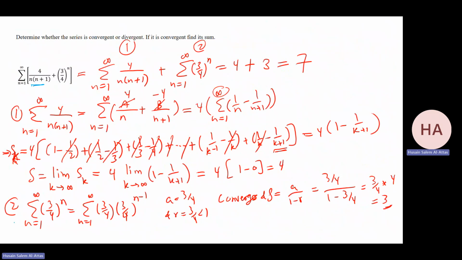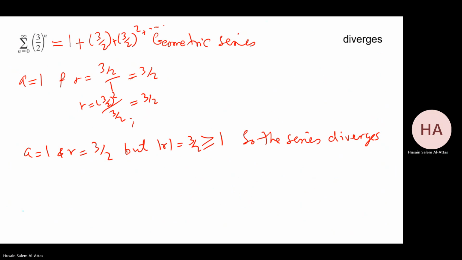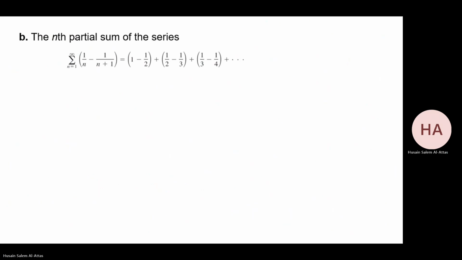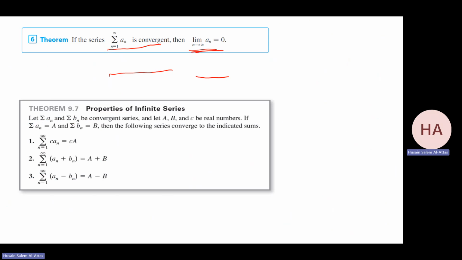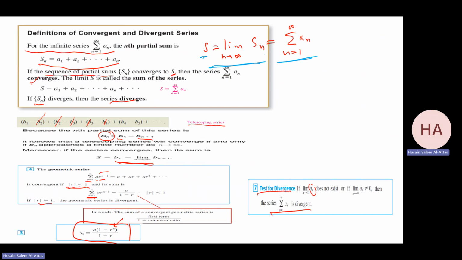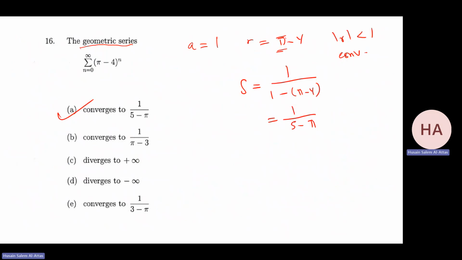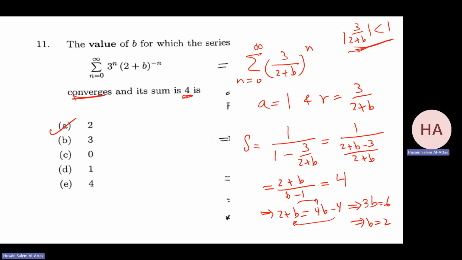Just to remind you about the theorems. When we dealt with the nth-term properties, we have 2 theorems. We say if the series converges, then what will happen? The limit of An is equal to 0. Now this is what I have: our series converges.